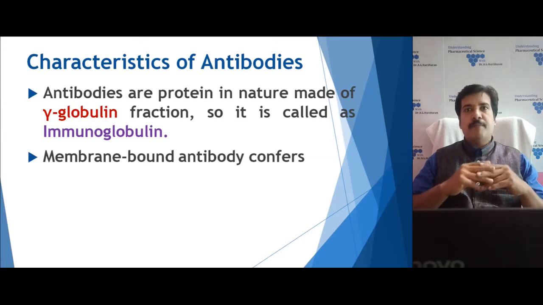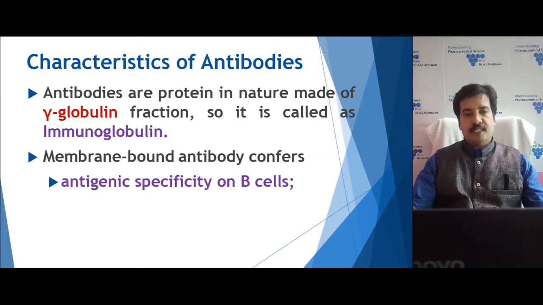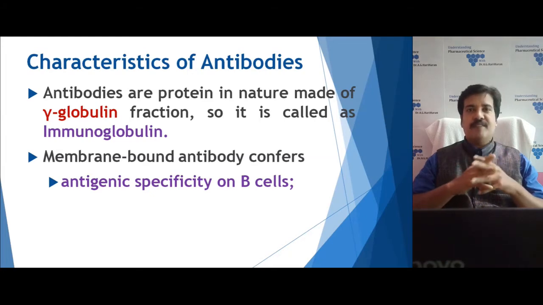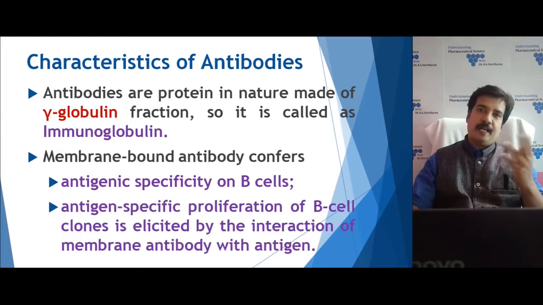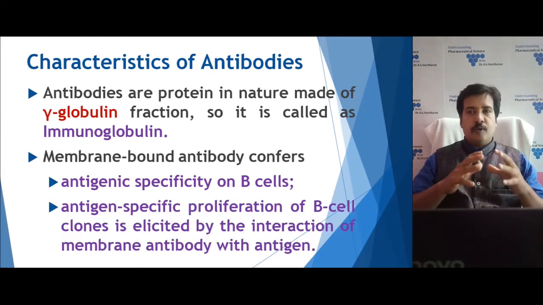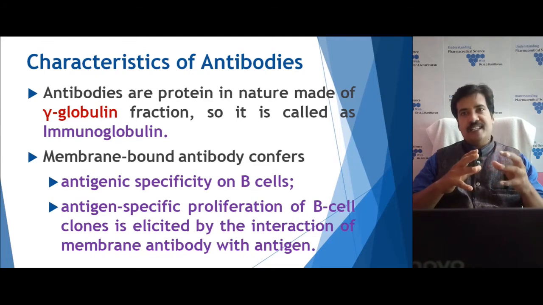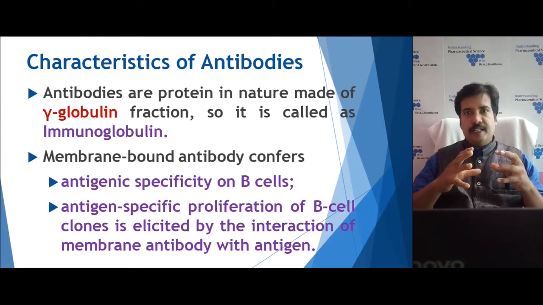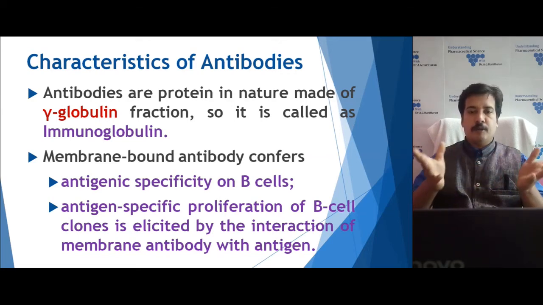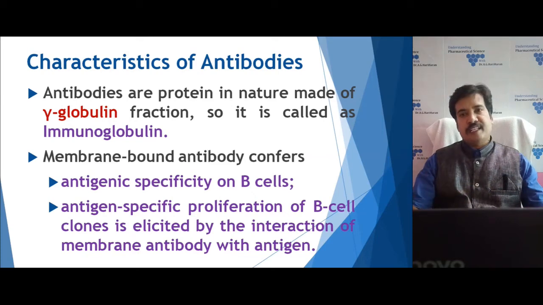If it is in membrane bound form, it confers antigenic specificity for the B lymphocyte and helps in proliferation. Once it binds with the antigen, it causes the proliferation of the B cell, producing multiple clones and helping in the elimination of the foreign antigen.